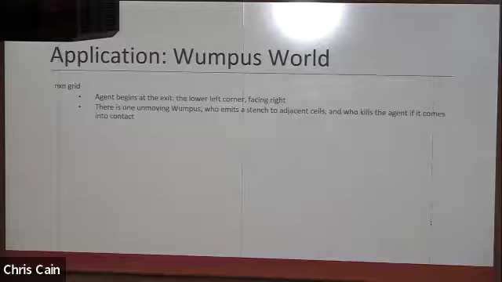So if you are adjacent to the Wumpus, you can tell that you don't want to be there. It is a very smelly place being next to the Wumpus. If you move into the Wumpus from an adjacent cell, the agent perishes. Terrible. The Wumpus is just sitting there like the Sarlacc from Star Wars, just waiting for someone to fall into it to eat it, but it does not move.